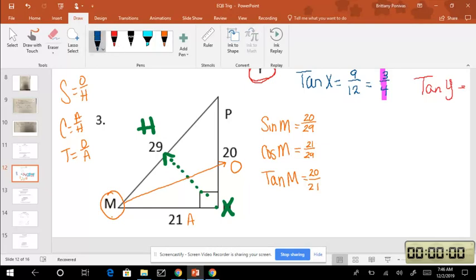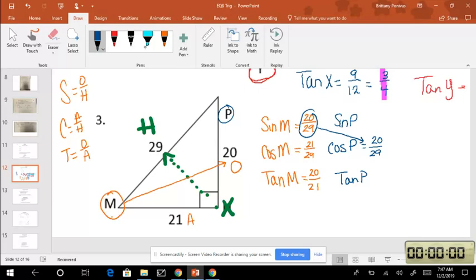Now we're going to switch gears, and we're going to do the sine of angle P. We're going to do the cosine of P, and we're going to do the tangent of P. So like I've said previously, the sine of one angle is the cosine of the other. So if you know that the sine of M is 20 over 29, then the cosine of P is 20 over 29.